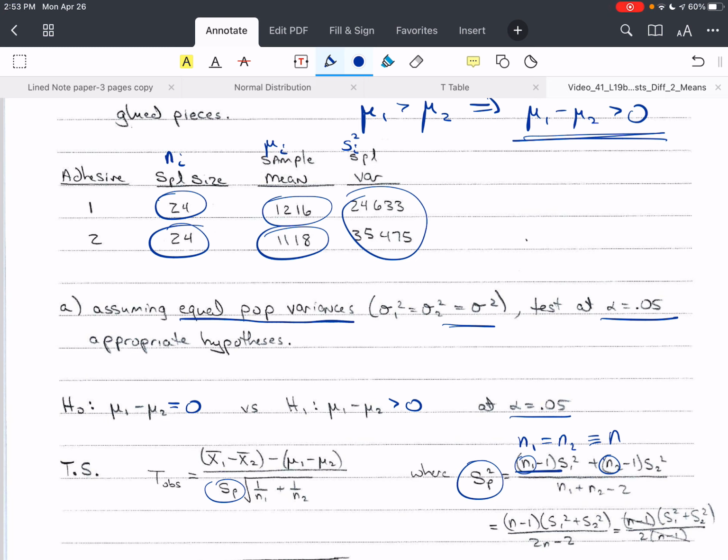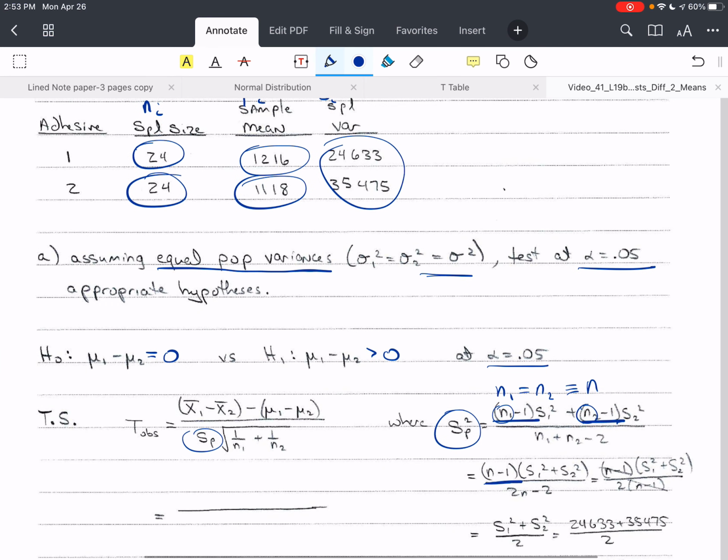So we have that in both terms, we can factor it out, n minus 1. And then n plus n is 2n, and I can factor out the 2 there, and I'm left with 2 times n minus 1. There's no addition. If there's addition up here, we can't do this, but there's no addition.